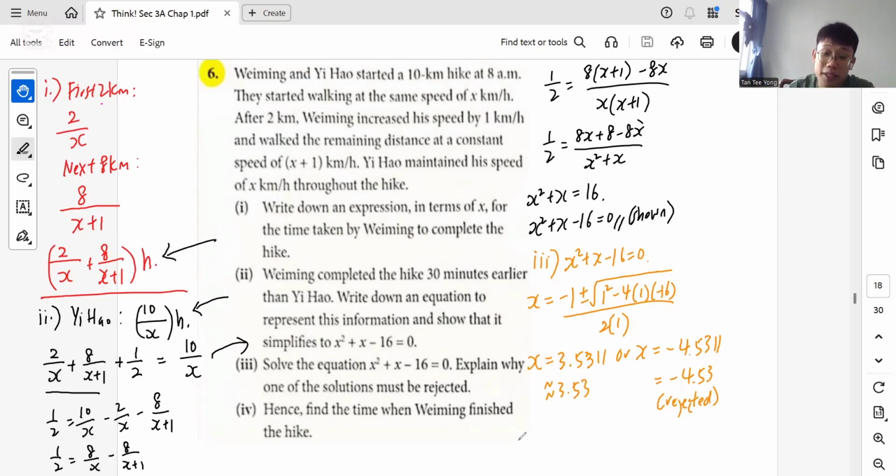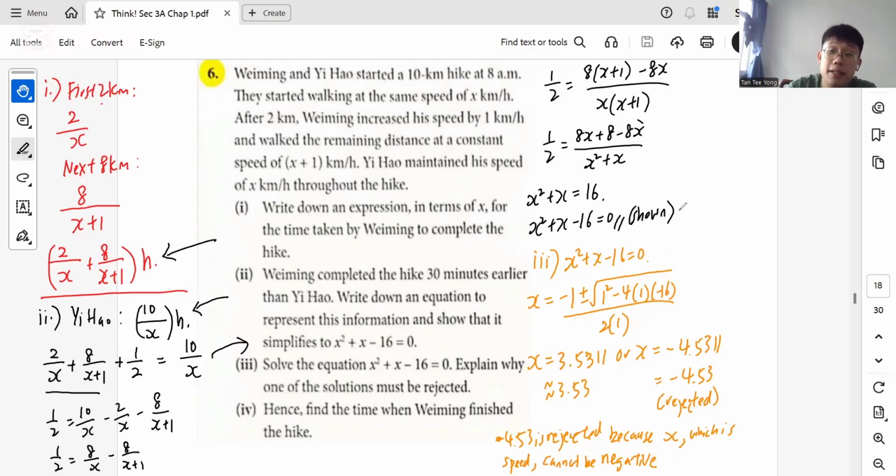Obviously speed cannot be negative. So we reject this and then our x is actually 3.53 km per hour.